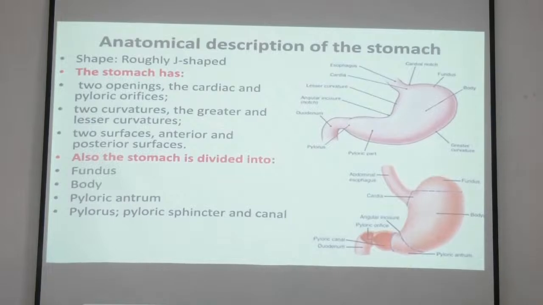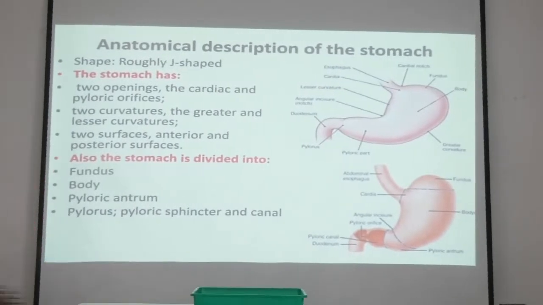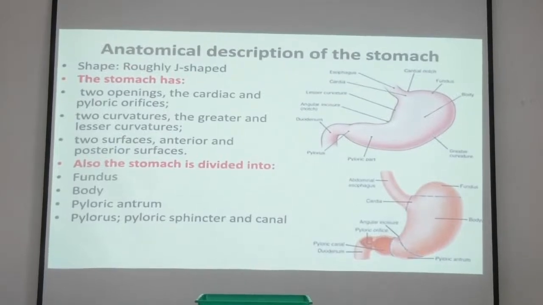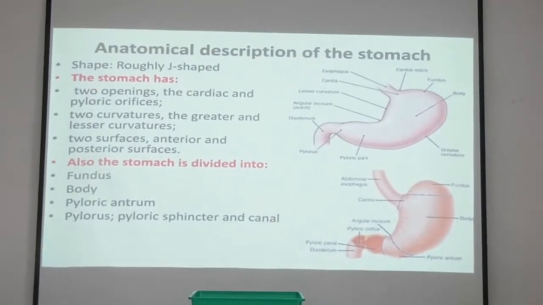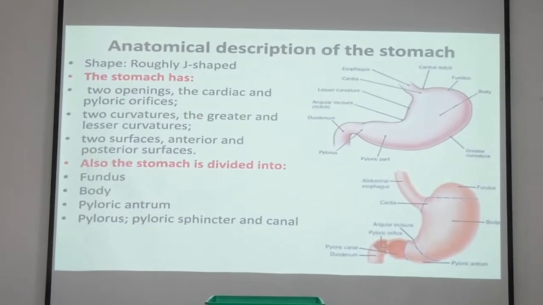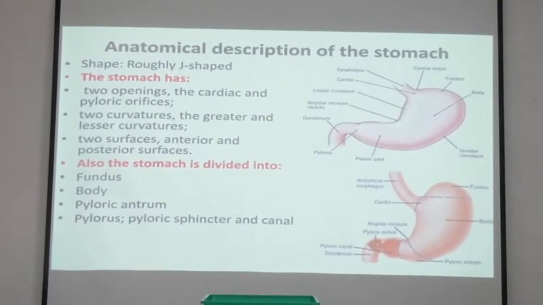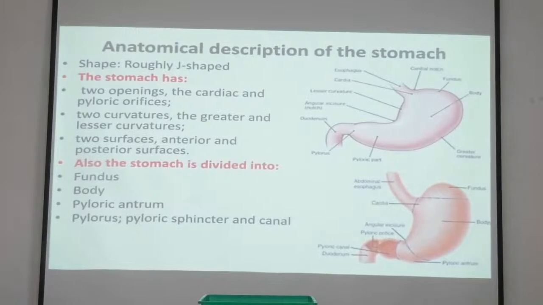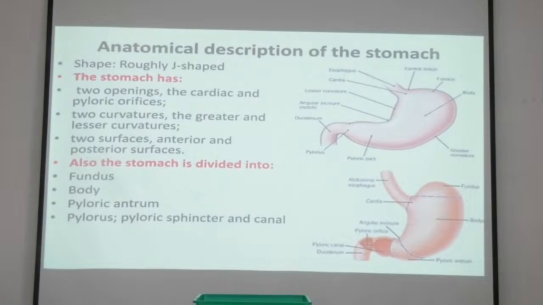So now anatomical description of the stomach. Shape is roughly J-shaped structure. Stomach has two openings, the cardiac opening and pyloric orifice.